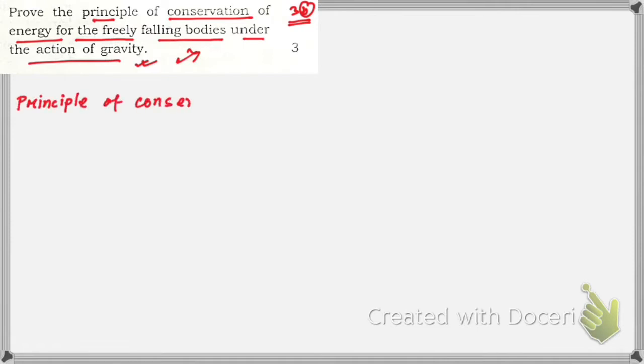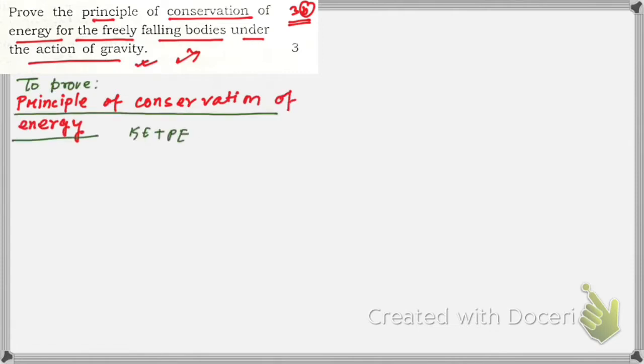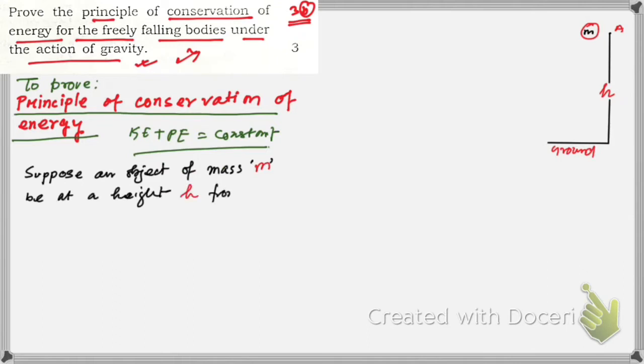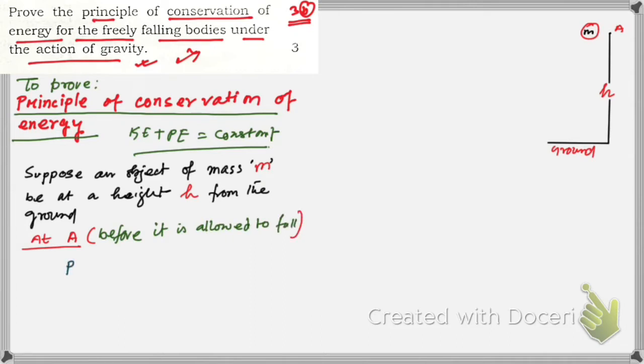So the principle of conservation of energy: we have to prove that kinetic energy plus potential energy is constant. That's what we're going to prove, right? Consider an object falling freely from a height h, and its mass is m. This is the ground. Suppose an object of mass m is at a height h from the ground at position A, before it is allowed to fall.